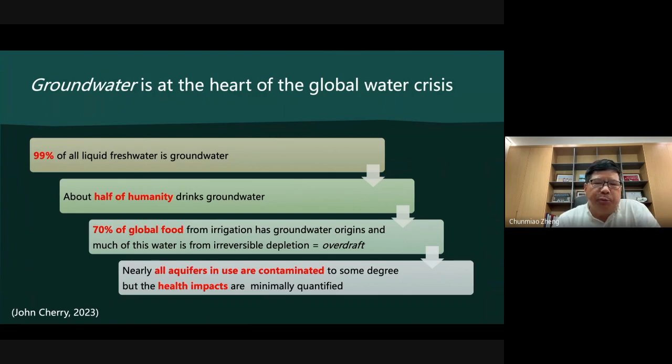And 70% of global food production from irrigation has groundwater origins, and much of this water comes from irreversible depletion, overdraft of groundwater. Nearly all aquifers in use today are contaminated to some degree, but the health impacts are minimally quantified. So there is a lot to do in this field.